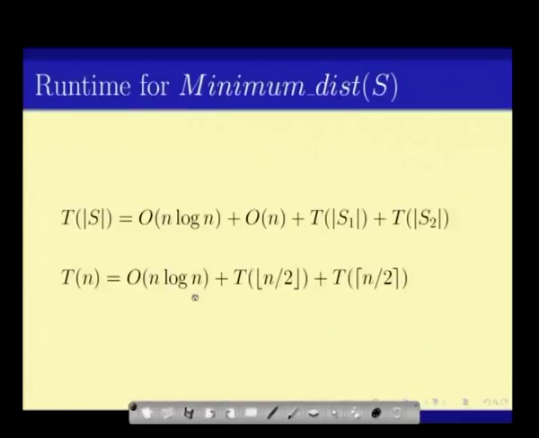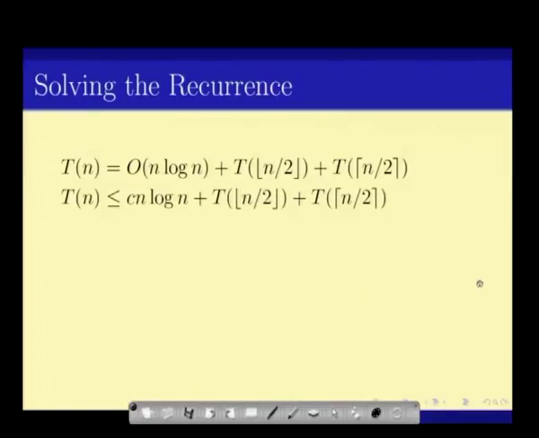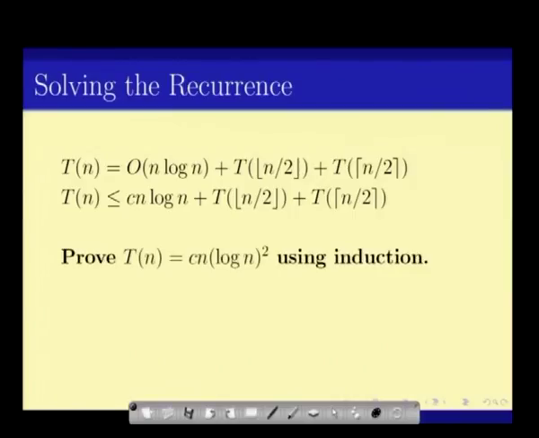Now that we have this recurrence relation, how do we solve it? Solving certain recurrence relations can actually be very tricky. Once we have T of n is order n log n plus T of n over 2 plus T of n over 2, we will write T of n as less than some constant C times n log n, some constant which we do not know. Then we prove that T of n is at most a constant times n times log n whole square, and we prove this using induction on n.